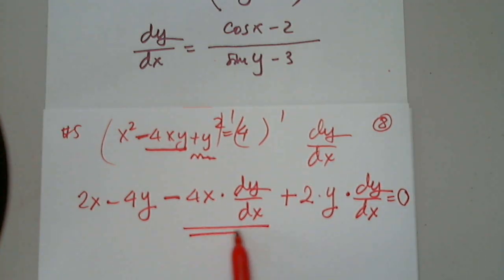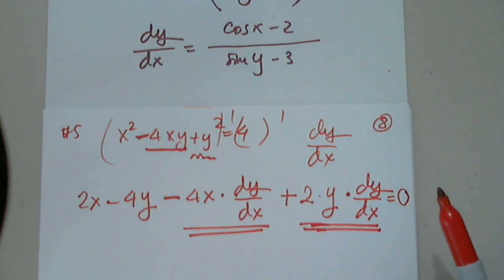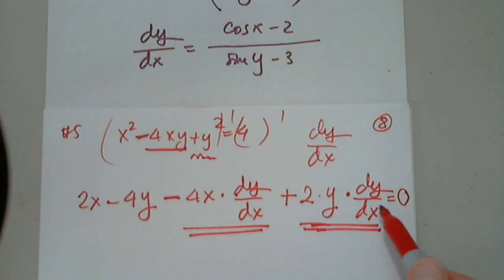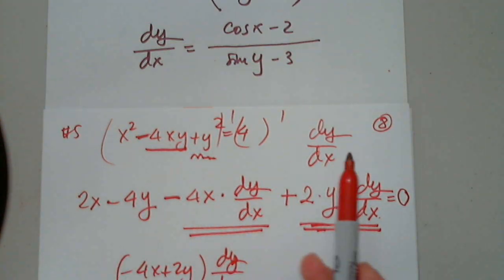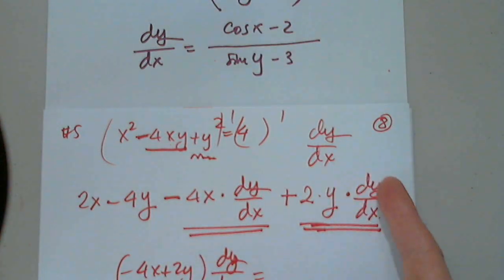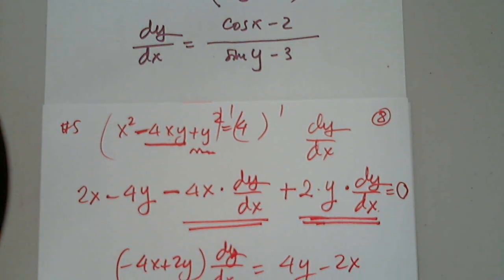Algebra. These two terms have the variable. These two have to go to the other side. So here I'm going to factor out. So negative 4x plus 2y with dy over dx. I factor this out, negative 4x plus 2y. These two go to the other side. I will put the first one as 4y and the next one is negative 2x.